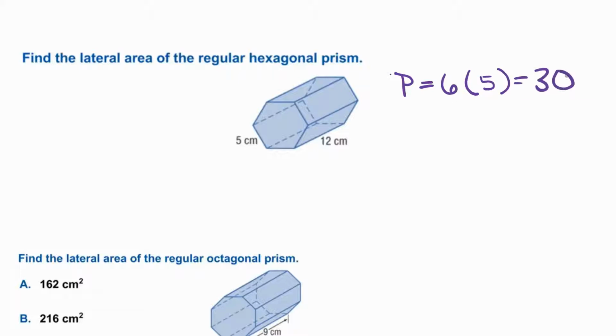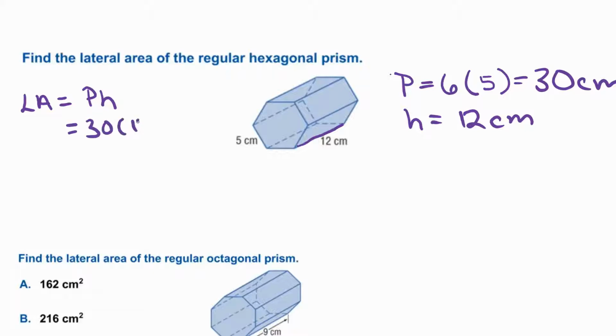So the perimeter is 30 centimeters. The height of the prism is 12 centimeters. To calculate the lateral area, it would be perimeter times height, which is 30 times 12, which is 360 centimeters squared.